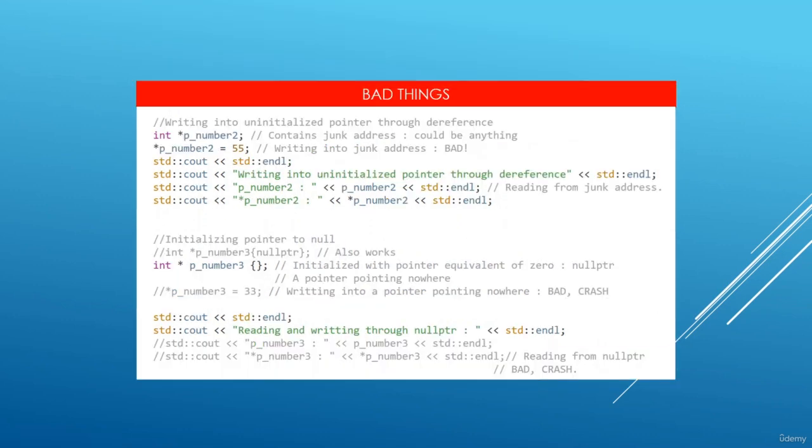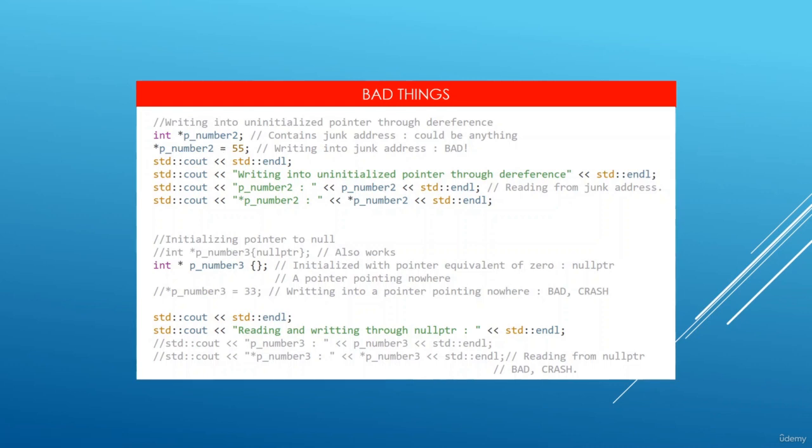And one thing I haven't really stressed enough is that it is really bad to try and use a pointer that is not initialized. For example, here we have p number 2, which is a pointer. It is not initialized. It contains junk, and we try and write into it. Okay, so try to think about what we really are doing here. This is a pointer that we have set up. We haven't really initialized that.